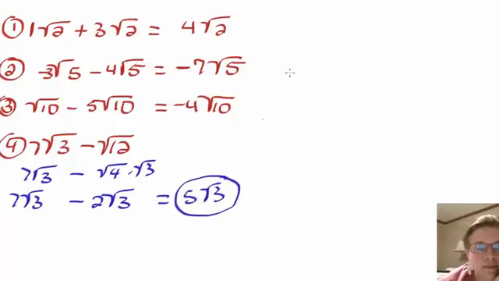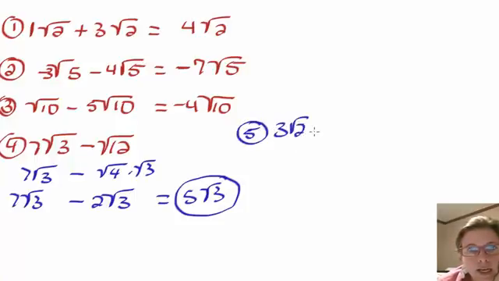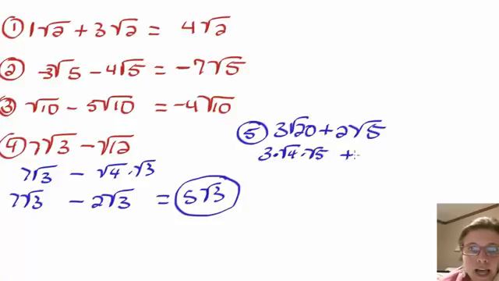Let me go over here and do another one. Let's do 3 square roots of 20 plus 2 square roots of 5. I can break this 20 down. This becomes 3 times the square root of 4 times the square root of 5 plus 2 square roots of 5.